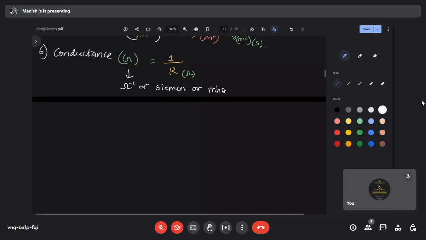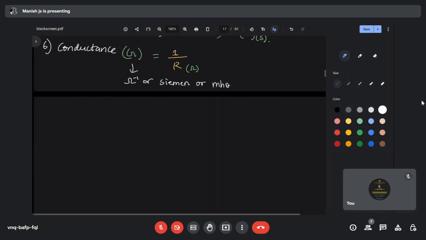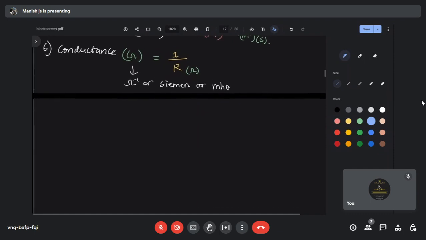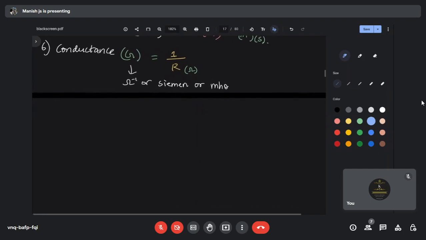If we flip ohm around, we get mho. So this is all about conductance.